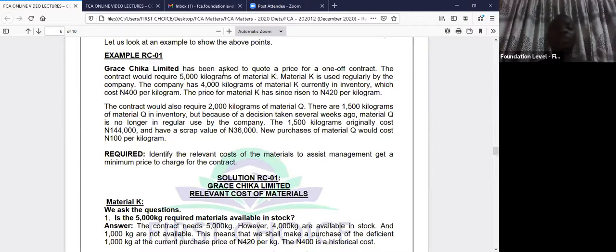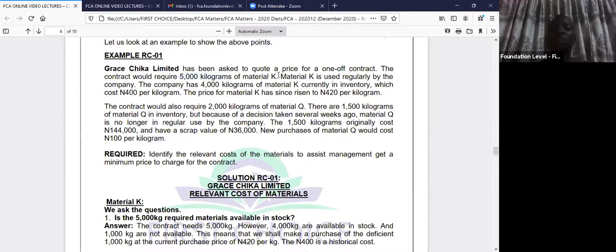So since you have seen that material is mentioned here and this is the requirement of the material, you start asking yourself the 3 questions. What are the 3 questions? Is the material available in store? Is the material in constant use? Let's see.